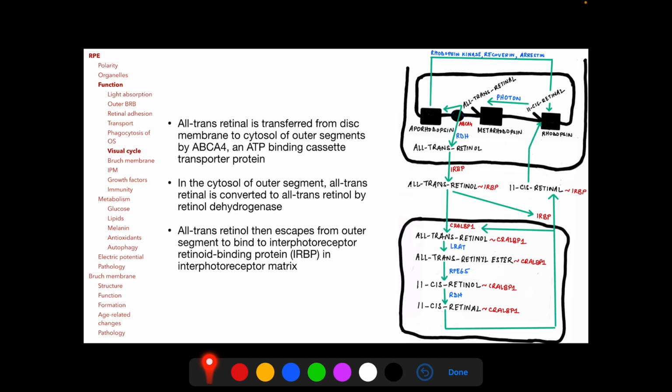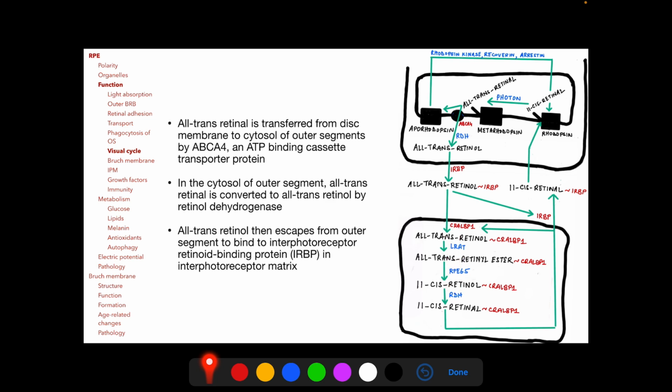The interphotoreceptor retinoid binding protein, or IRBP, in the interphotoreceptor matrix and the cellular retinaldehyde binding protein 1, or CRALBP1, in the RPE cell bind to the retinal intermediates in the visual cycle so as to prevent damage to the photoreceptors and the RPE cells from these highly reactive retinal intermediates.